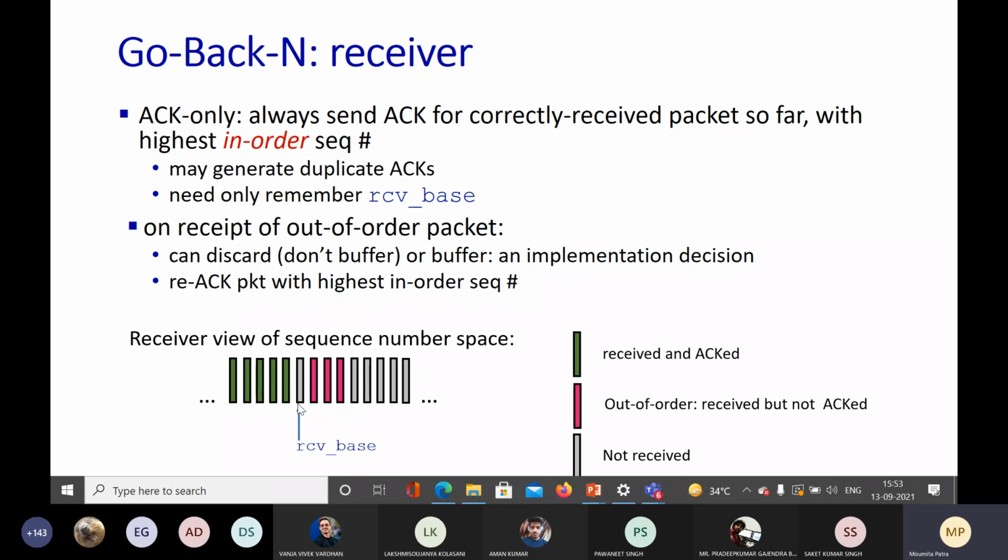This is the expected sequence number from the receiver side, and it is pointed at as receive base. Others which have been received have not been acknowledged yet because they are all out of order.